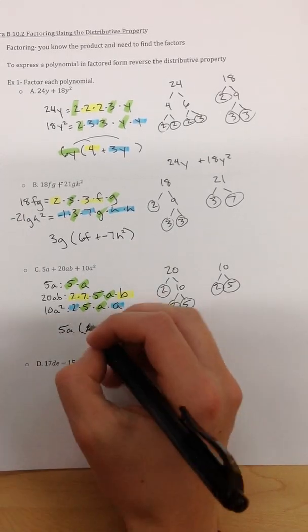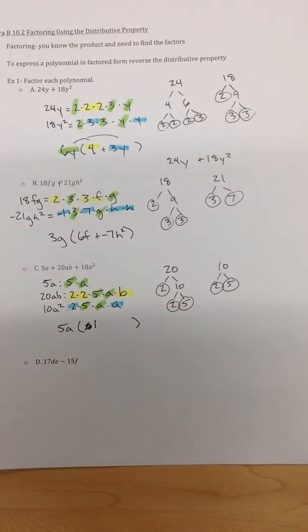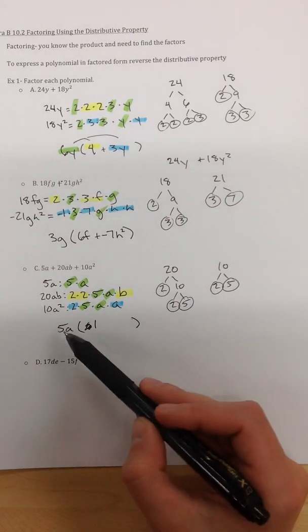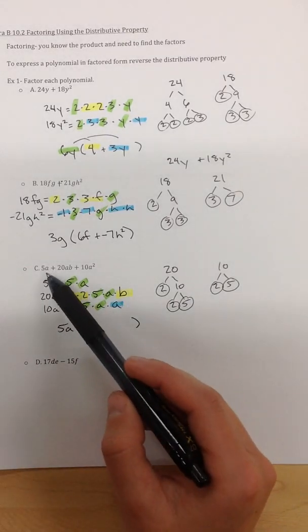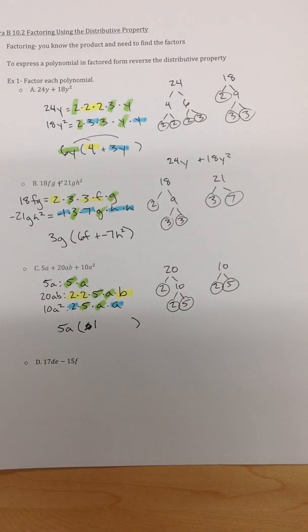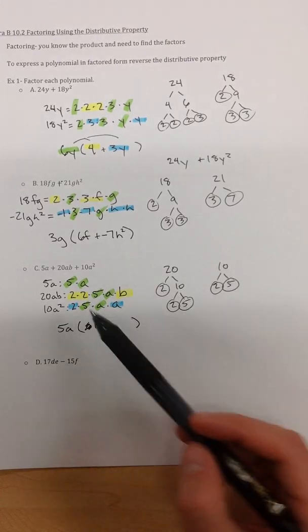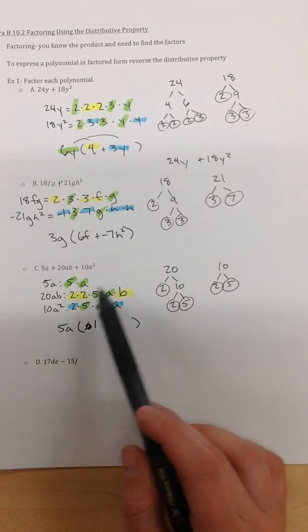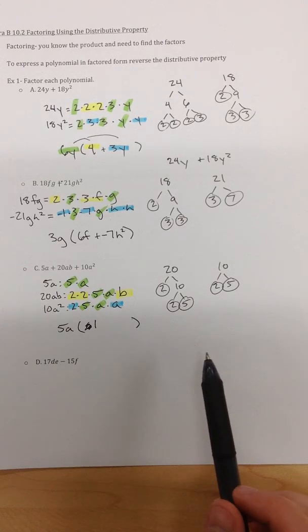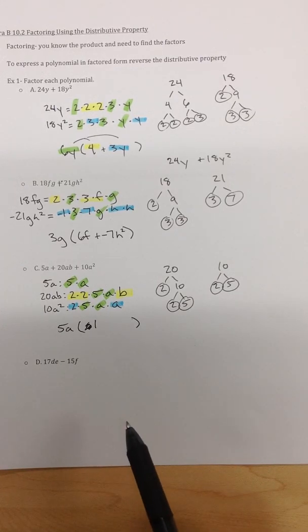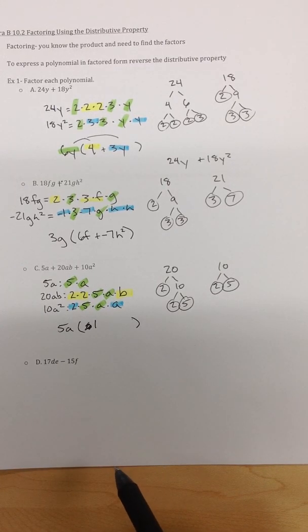What we actually put here is a 1, because 5a times 1 will get us back to that same 5a that we started with. So anytime everything pulls out and you're left with nothing, you put a 1 there as kind of a placeholder.